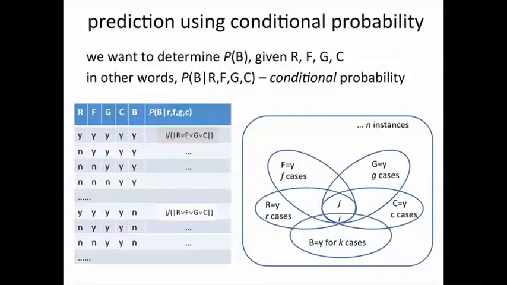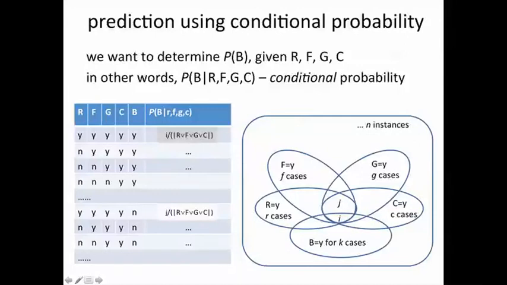Well, let's try to find out what the conditional probability of a buy action is given that the query had all the keywords present. So the query lies in this piece of this diagram because all these ovals are overlapping for I cases.